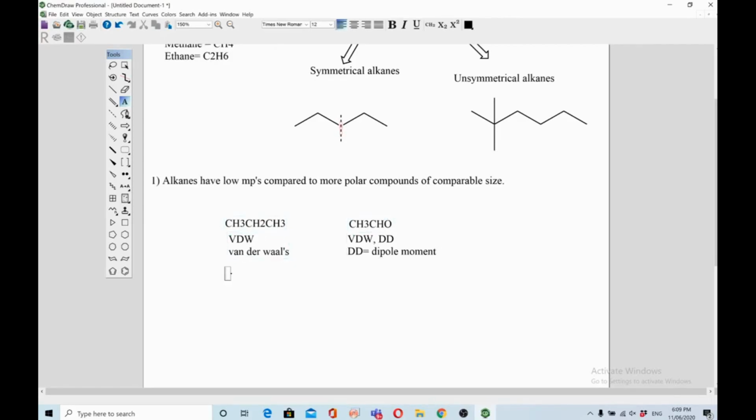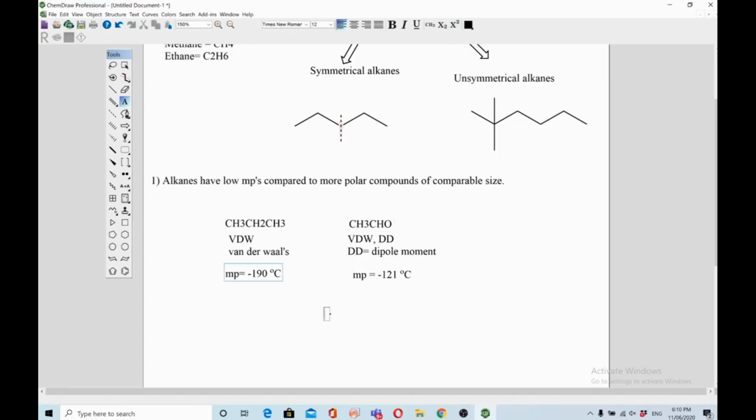The melting point of this compound is minus 190 degrees centigrade, and the melting point of this is minus 121 degrees centigrade.